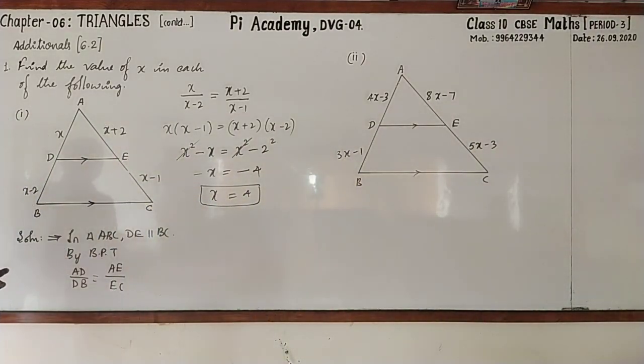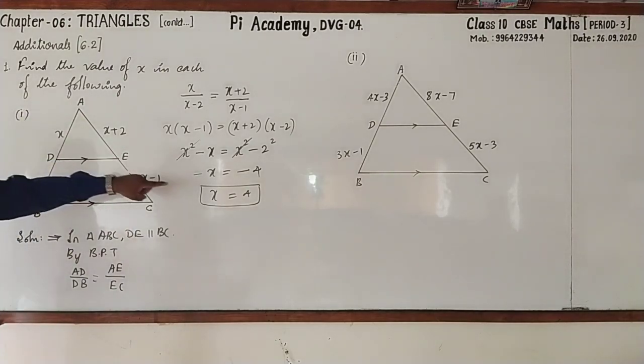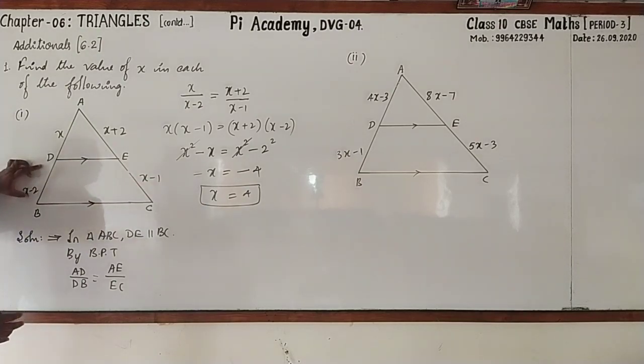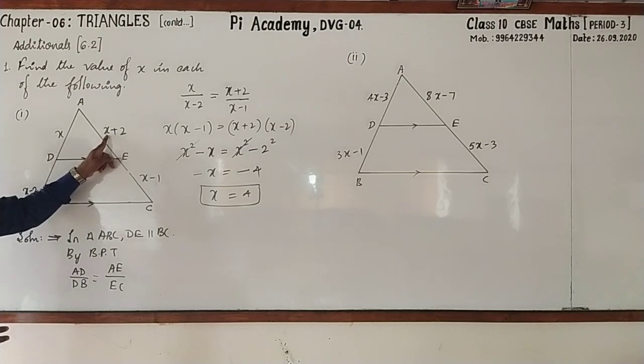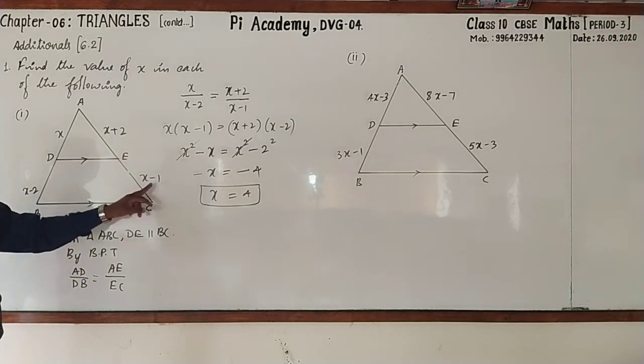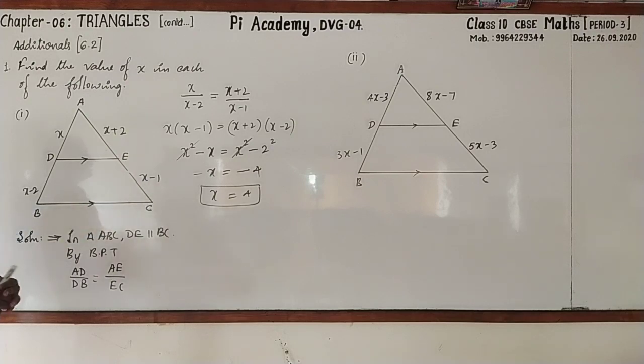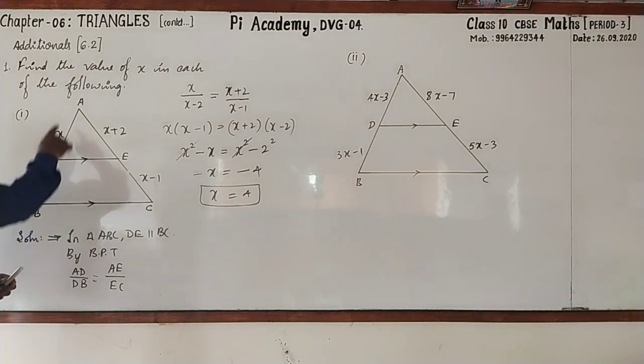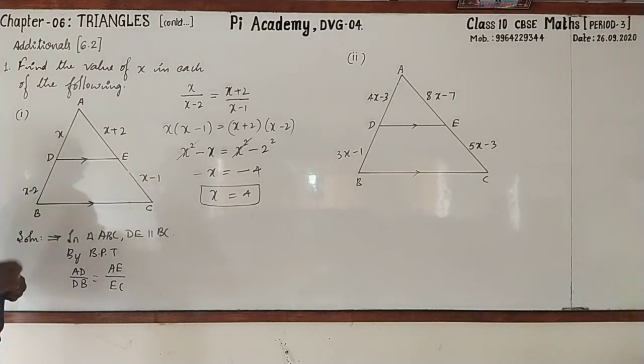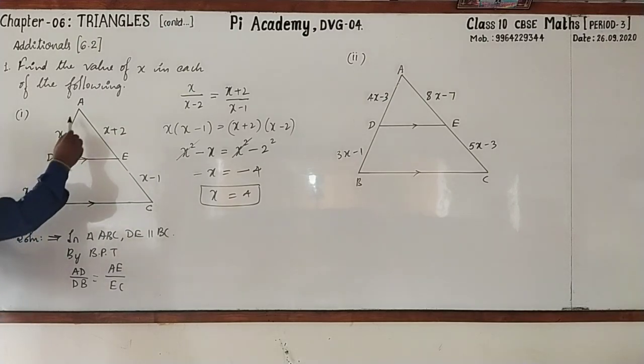Then after that, there is even a chance of being asked to find out these sides. If x is 4, then what about DB? It is 4 minus 2. Here, this is 4 plus 2, 6. Then x minus 1, 4 minus 1, 3. Or else, they may ask you to find out the sides AB and AC. What is the measurement of AB?